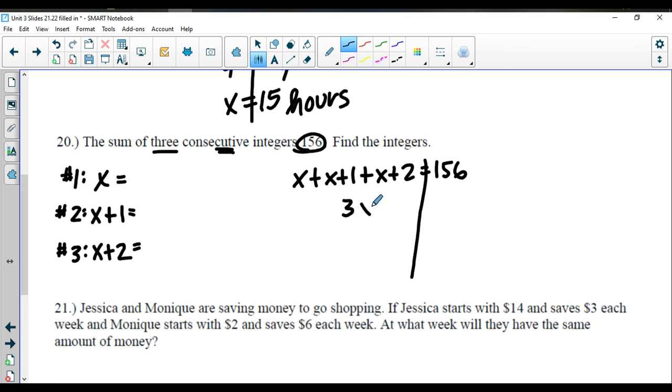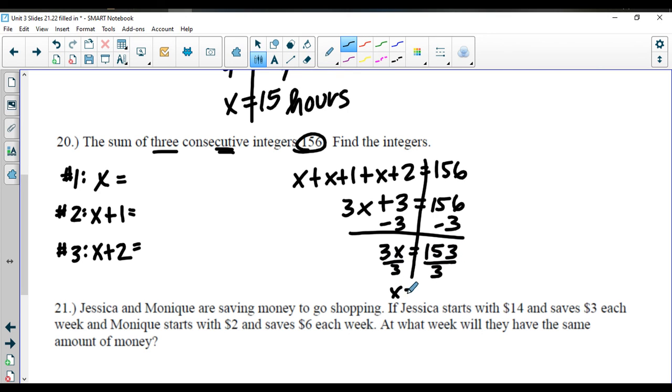Combining your like terms, you get 3x plus 3 equals 156. And we're going to go ahead and subtract the 3. So we get 3x equals 153. We're going to divide through by 3, so we get x equals 51. So if x is 51, x plus 1 is 52, and x plus 2 would be 53.